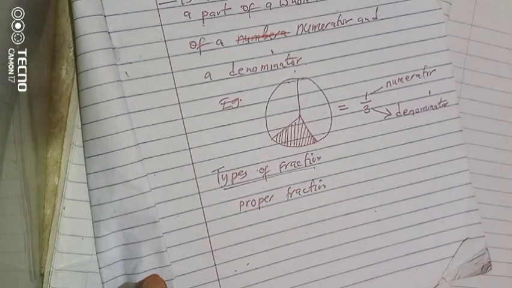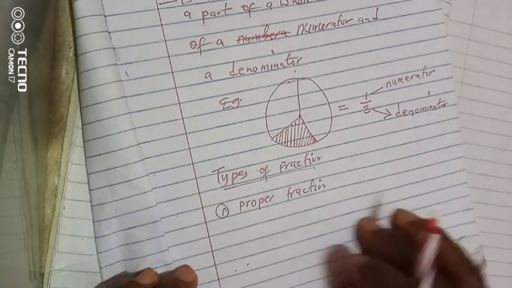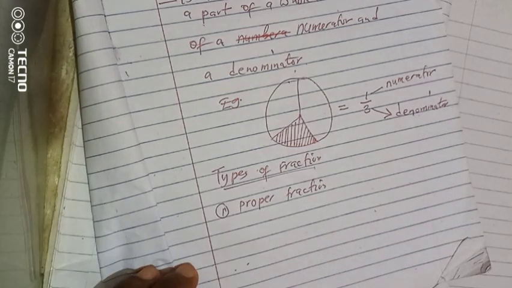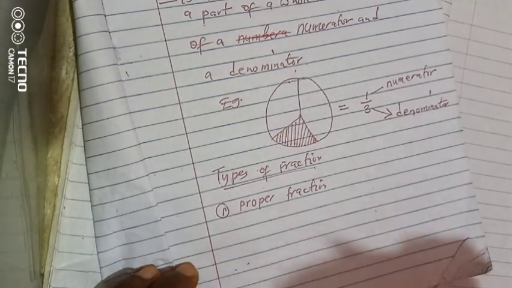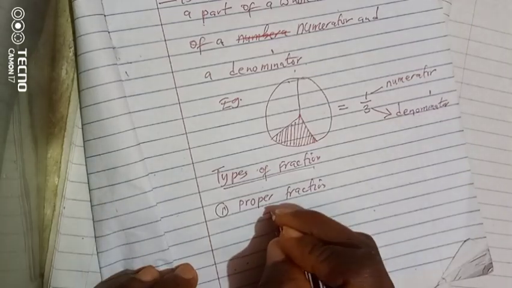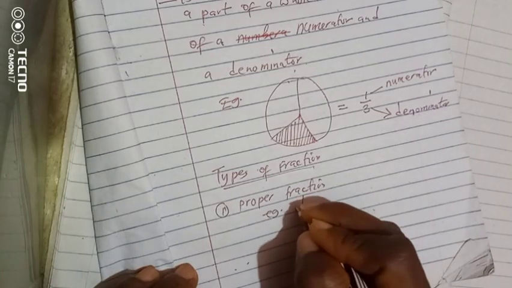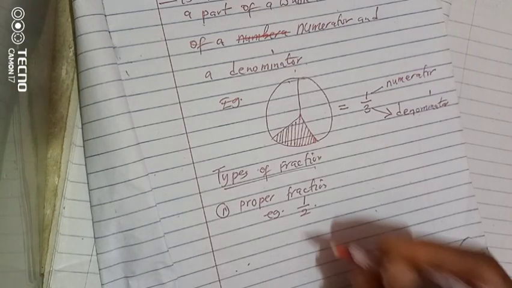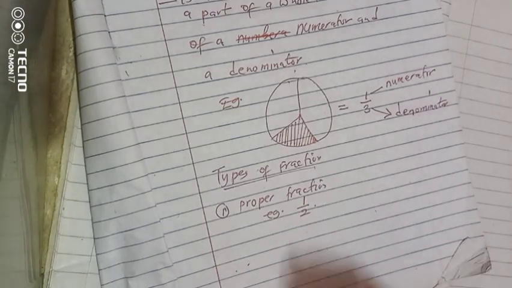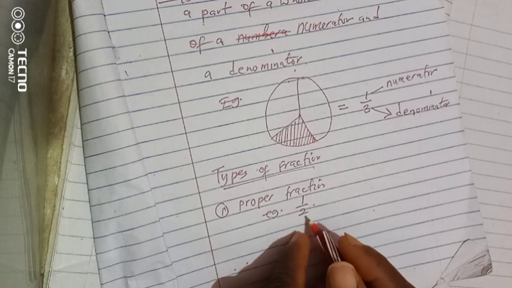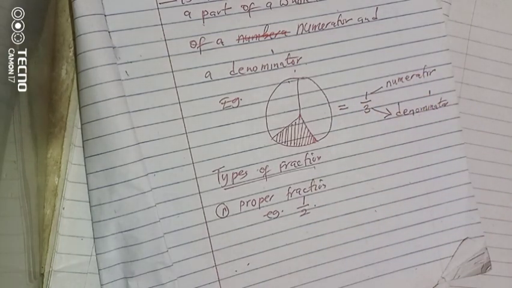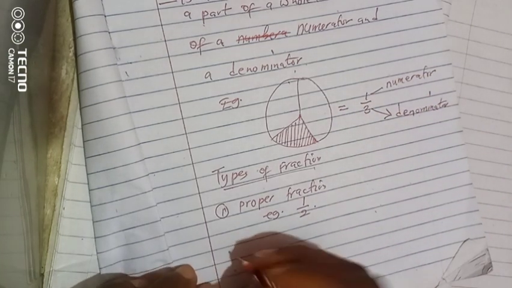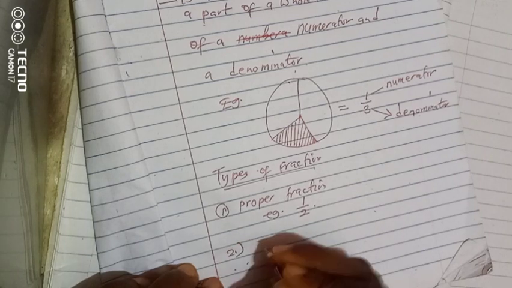A proper fraction is a fraction in which the numerator is less than the denominator. For example, we have 1 over 2. This is a proper fraction because the numerator here is less than the denominator. I mean the denominator is greater than the numerator. It becomes a proper fraction.